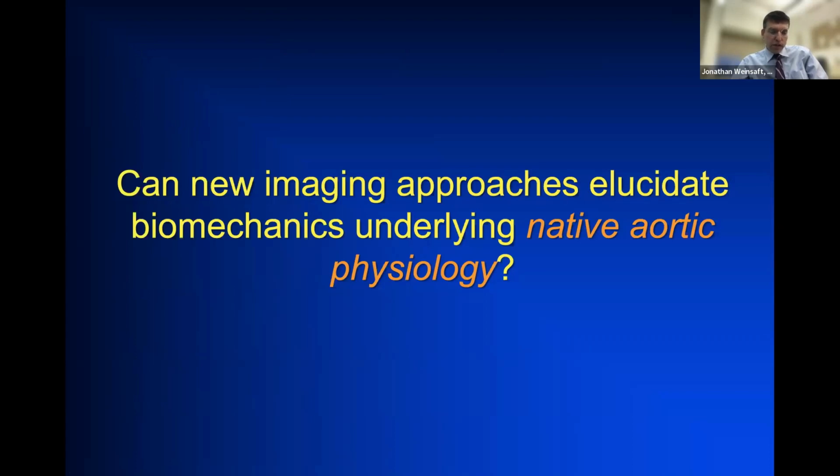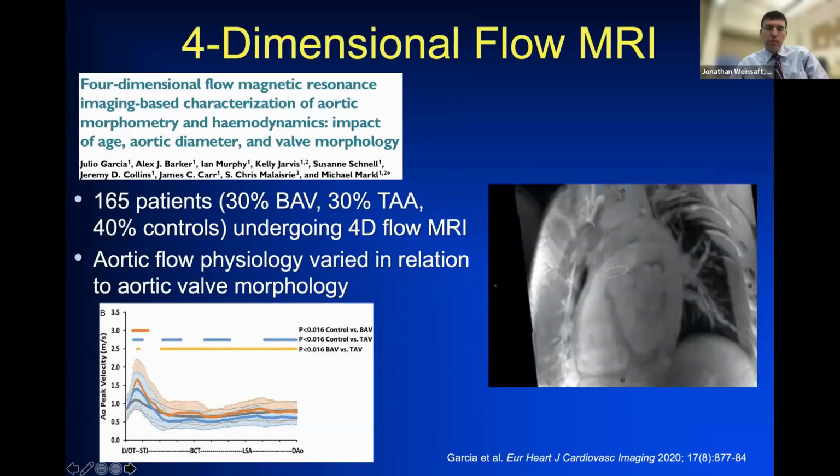And while those techniques are certainly important in terms of demonstrating variability with regard to wall mechanics between patients with degenerative and genetic aortopathies, as well as strain and changes in distensibility after proximal aortic grafting, they're limited in terms of their ability to discern global alterations in aortic biomechanics, as well as the potential modifying impact of small and subtle changes in flow physiology.